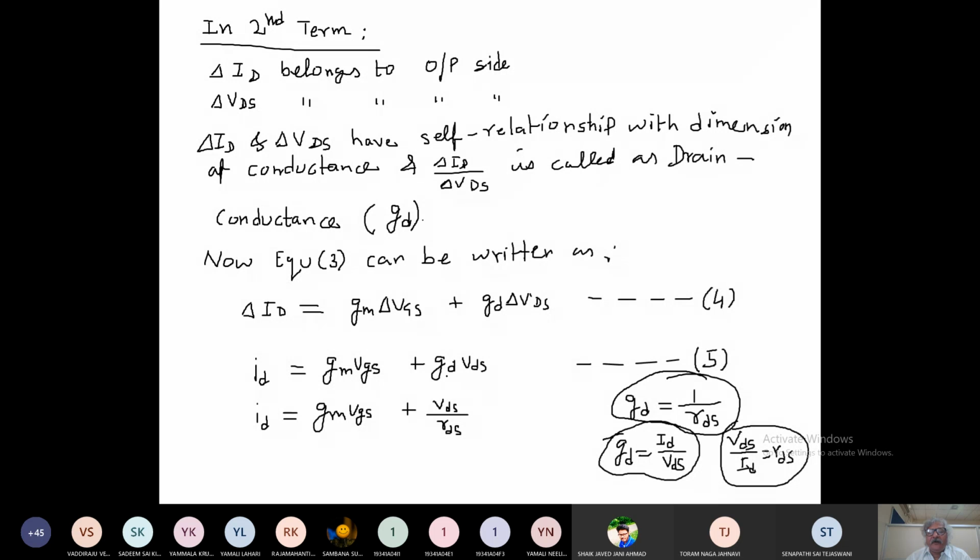In place of GD, I have written in terms of resistance, so it is VDS by RDS. I call it expression number 6. Now you see the drain current is the sum of two components: one is GM VGS and another is VDS by RDS.